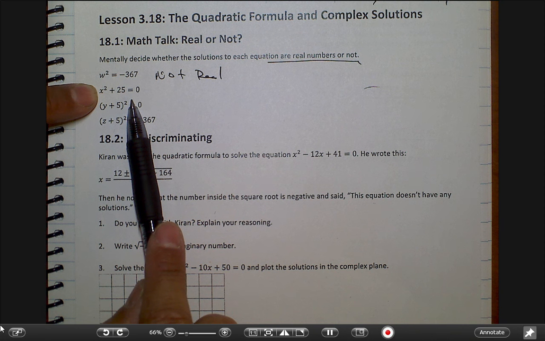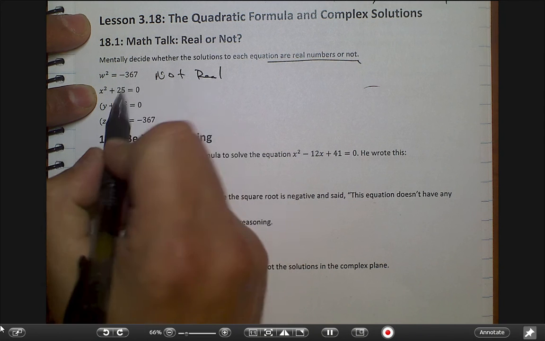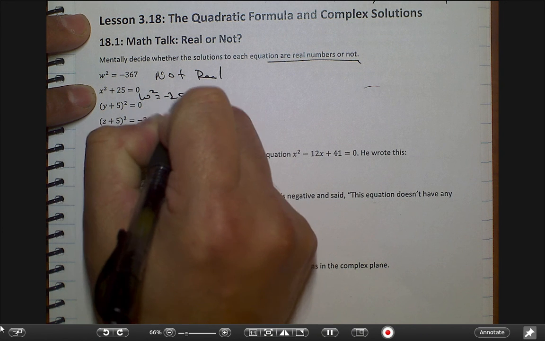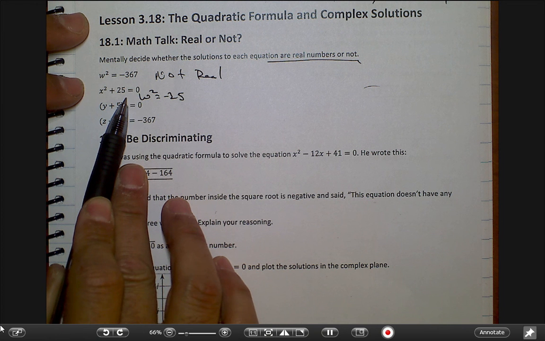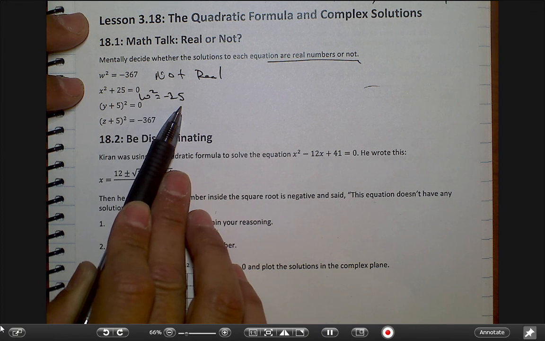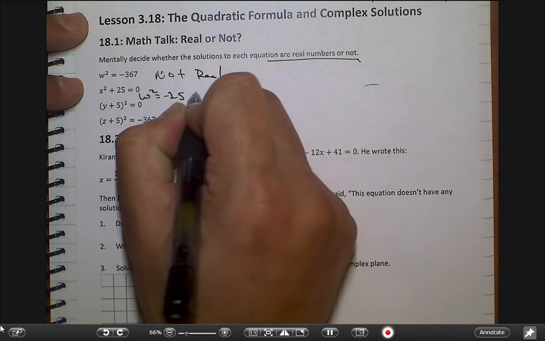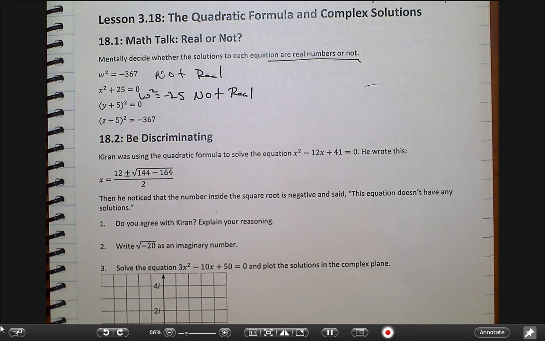It's imaginary. Let me do the work. So w squared is equal to negative 25, because we're subtracting 25 from both sides. And when I take the square root, it's going to be the square root of negative 25, which is imaginary. So I say that this is not real.